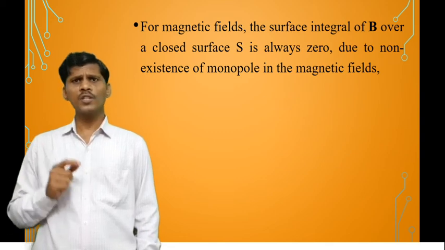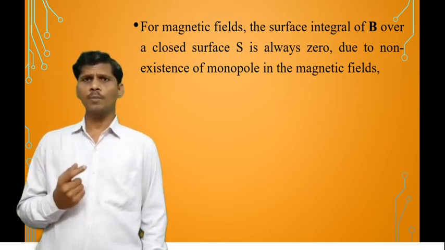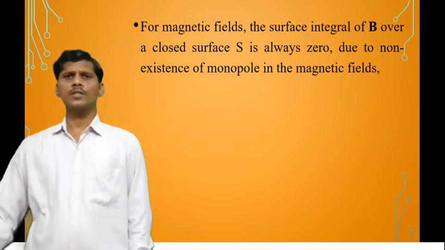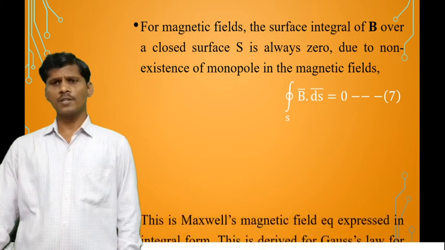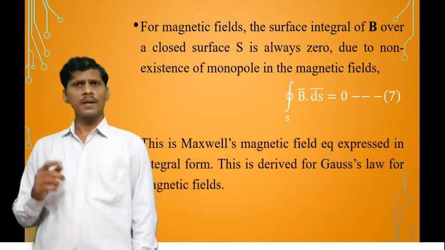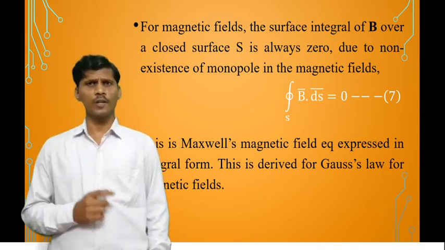What is that equation meaning? In magnetostatics, single magnetic pole does not exist. That is, closed surface integral of b bar dot ds bar is equal to 0. So this is the Maxwell equation, Maxwell's magnetic field expression in integral form.